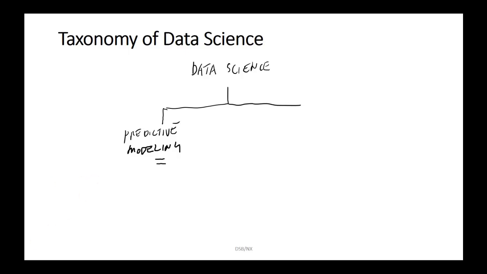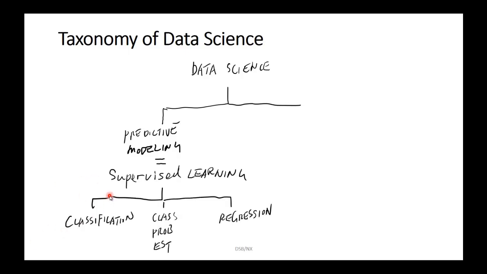Predictive modeling is also known as supervised learning because there's a target variable to supervise the pattern learning process. So far we have covered classification, class probability estimation, and regression. These three are the three examples of supervised learning because they all have a target variable.